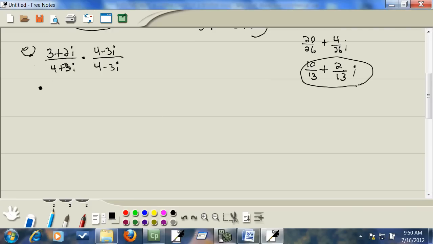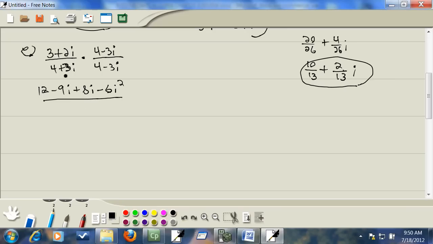Well, 3 times 4 is 12. 3 times negative 3i is negative 9i. 2i times 4 is 8i. 2i times negative 3i gives us negative 6i squared.